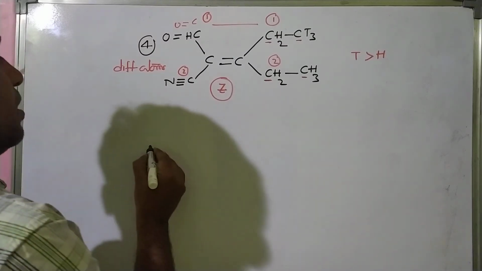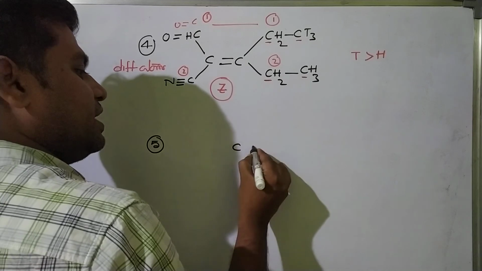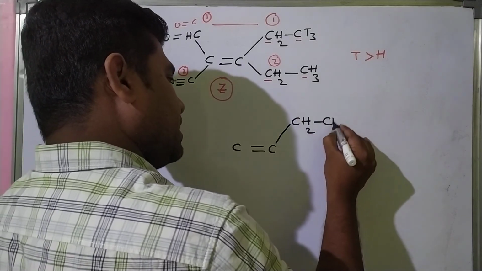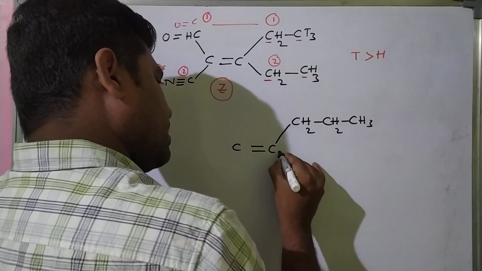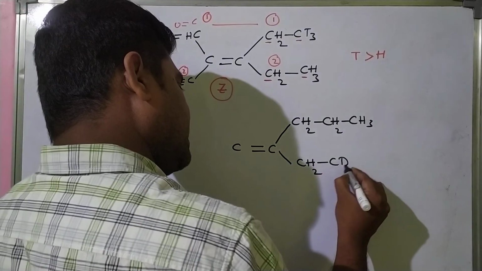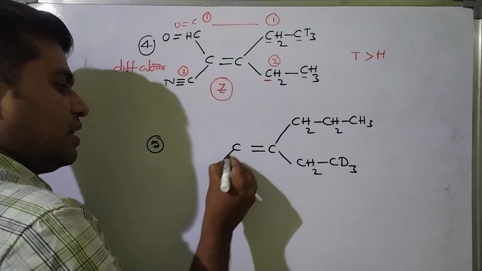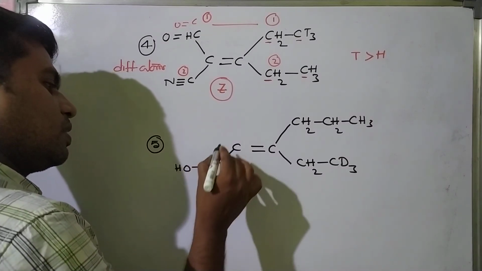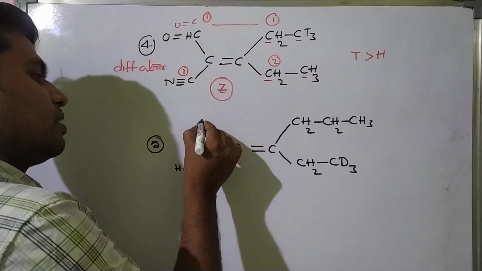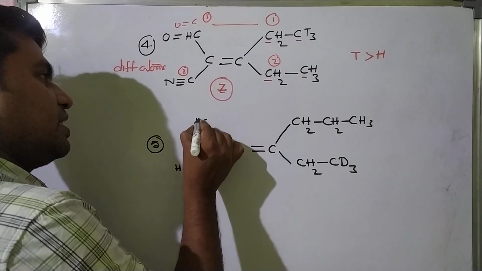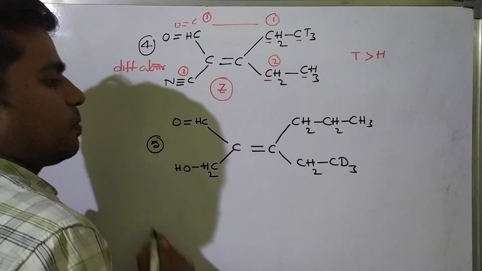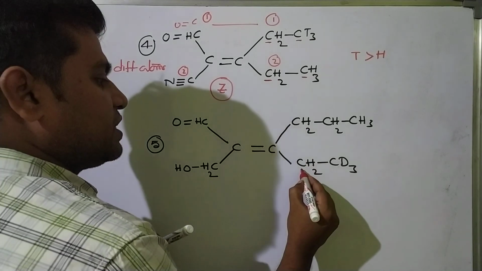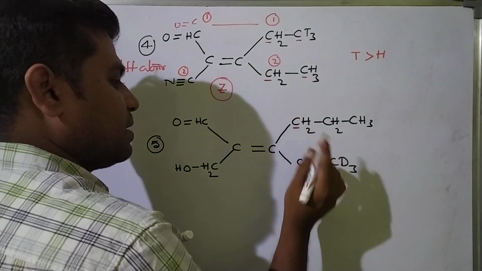Okay students, now one more example. C double bond C, here CH2, CH2, CH3, here CH2, CD3, here CH2OH, here CH double bond O. Now here first atom carbon, here also first atom carbon.